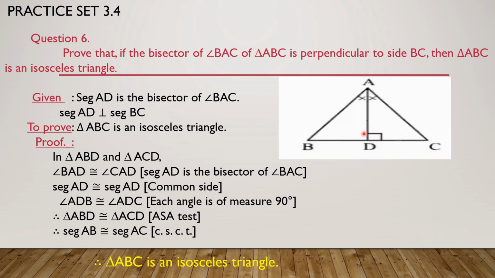Therefore, by which test are these two triangles congruent? This is angle, side and angle. Therefore, by ASA test, triangle ABD congruent to triangle ACD. Therefore, by CSCT, segment AB congruent to segment AC. Therefore, triangle ABC is an isosceles triangle.